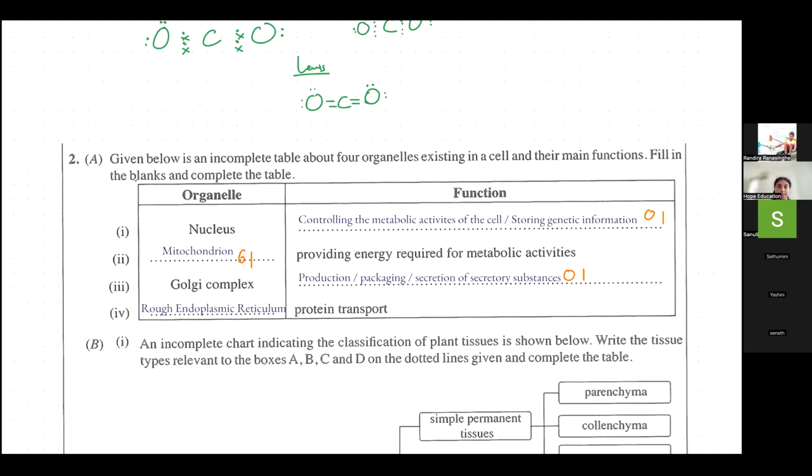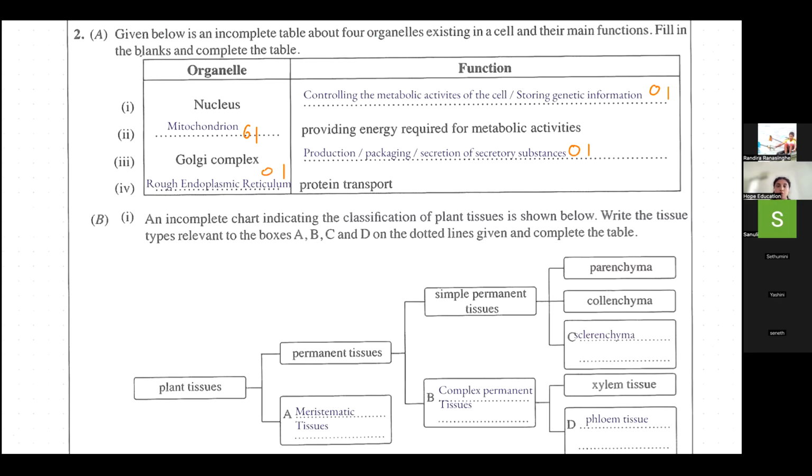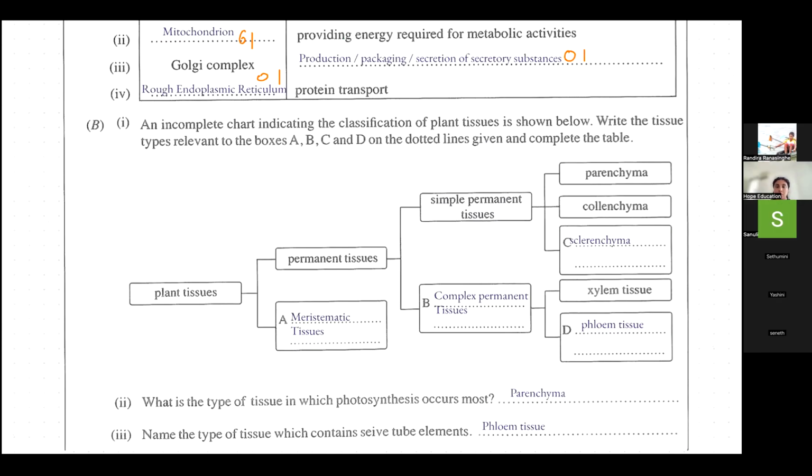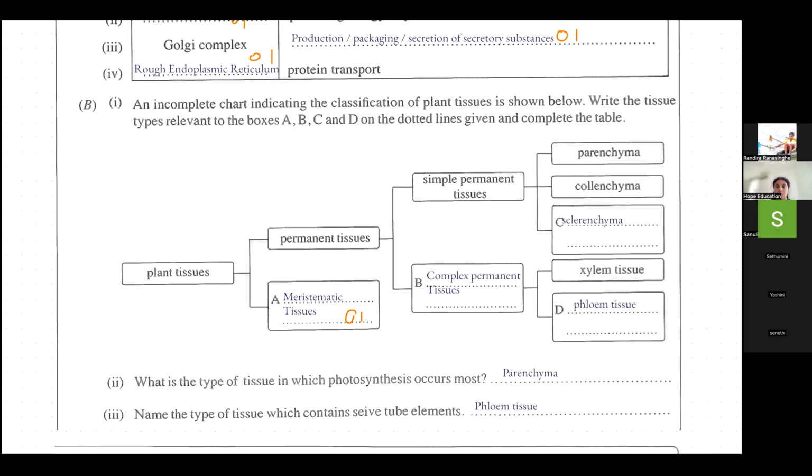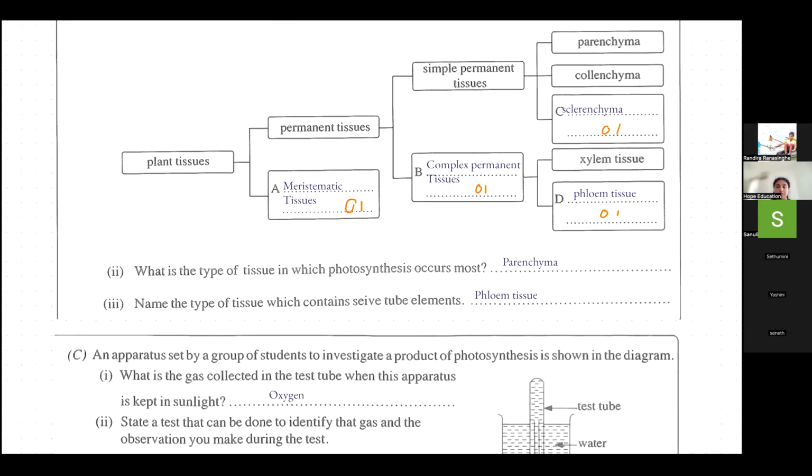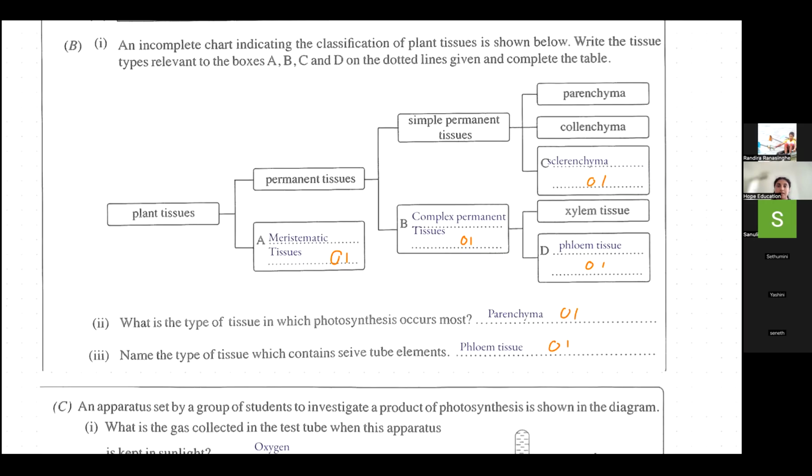Altogether 4 marks there. Here the blanks were 1 mark for each. 1, 1, 1, 1. 4 marks there. Then for writing parenchyma, 1 mark. For writing phloem, 1 mark. 1, 2, 3, 4, 5, 6, 7, 8, 9, 10.